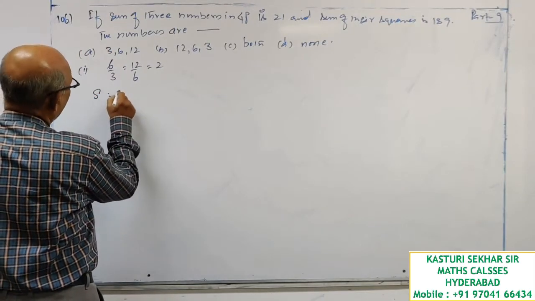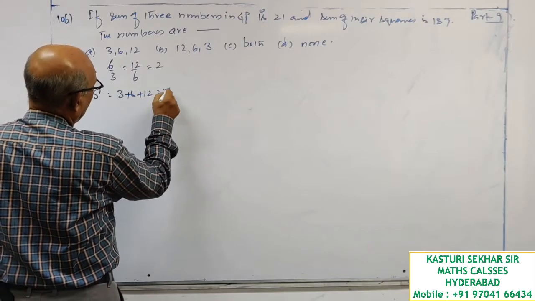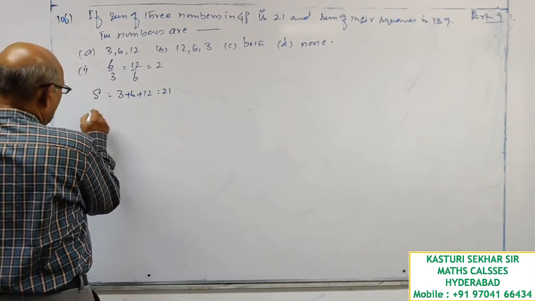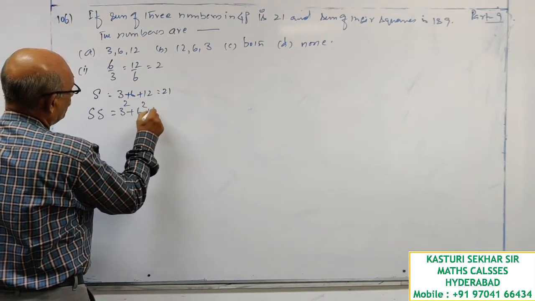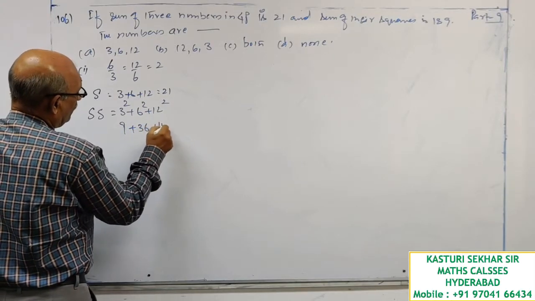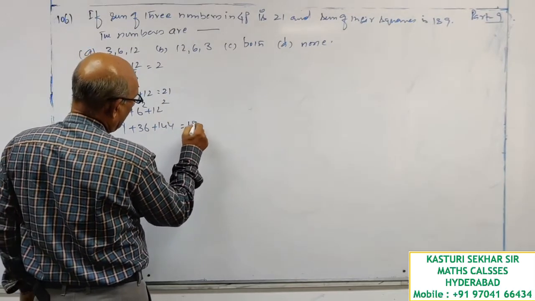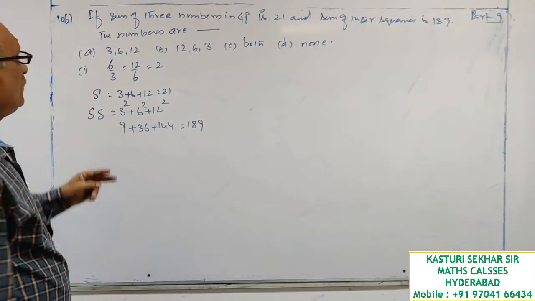Let us calculate the sum: 21. Sum of their squares: 3 square plus 6 square plus 12 square, 9 plus 36 plus 144, that is 189. Option A satisfied all the conditions.